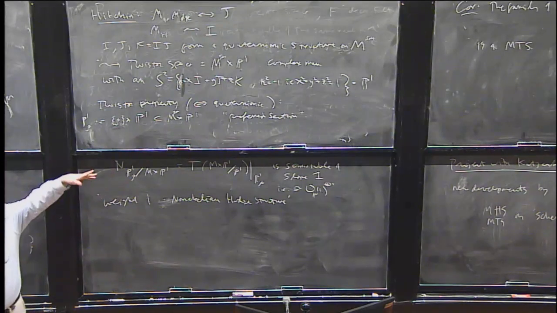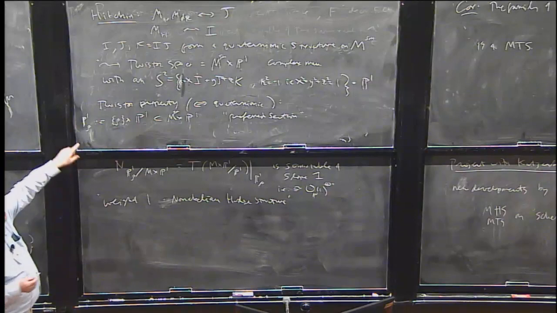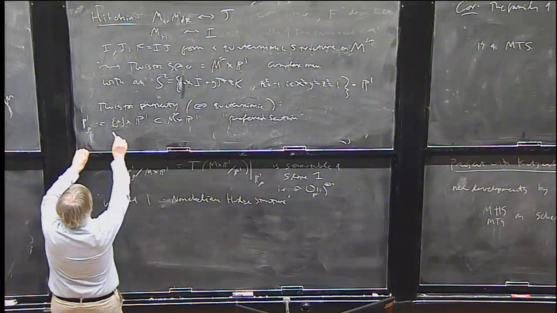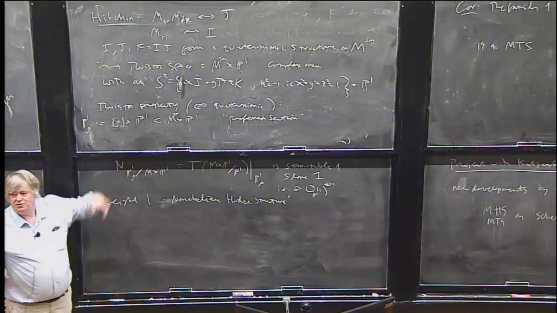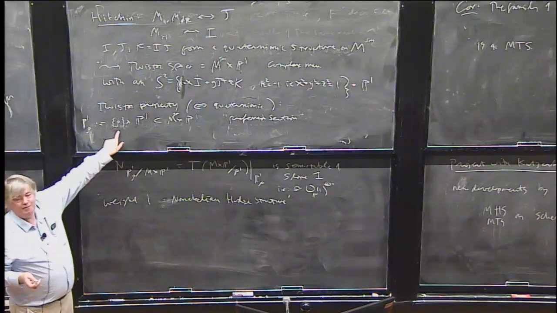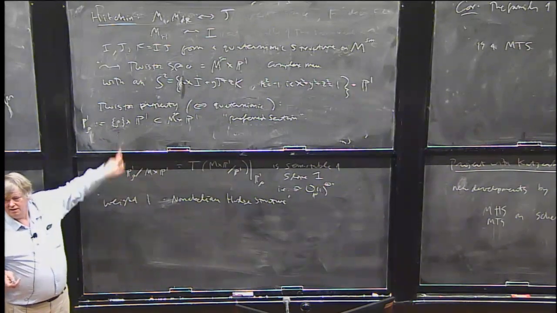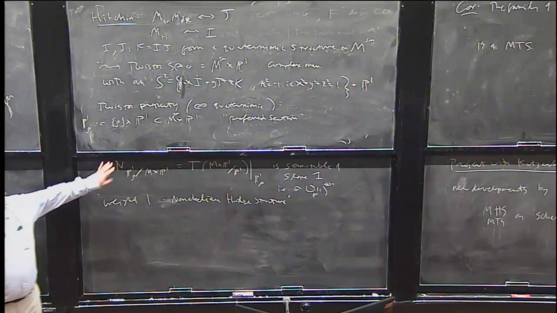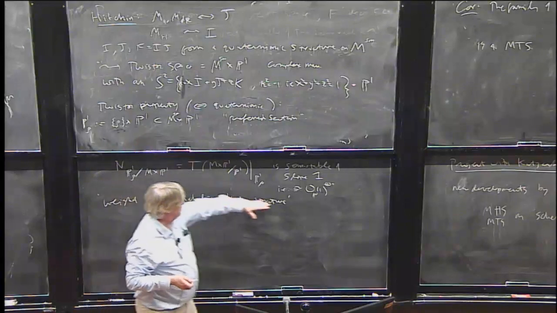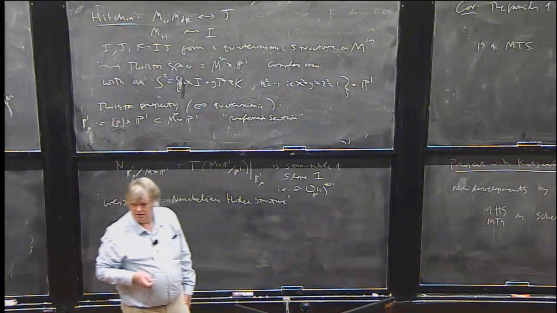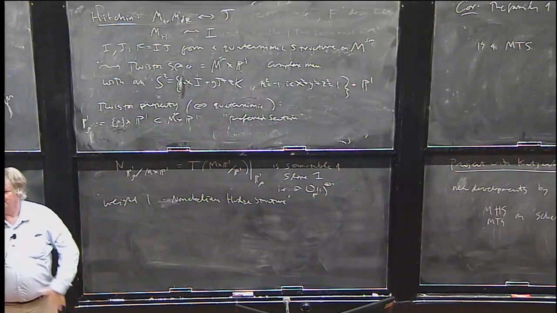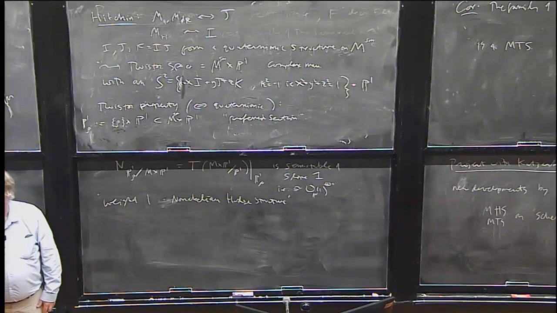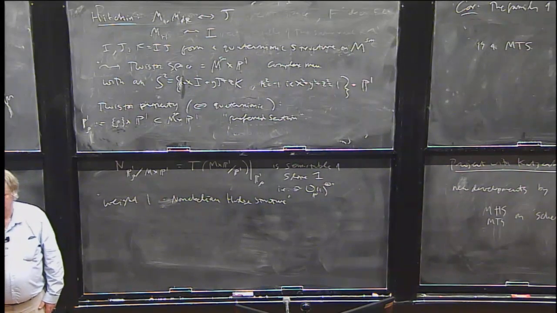They're given by I, J, K, and so on. And the preferred sections are just a point cross P1, whichever point you start with. There's one preferred section for every point of M. But this is fundamentally related to the fact that this has weight 1 here. If you had weight 2, you'd have lots of sections for a given point of M, basically. Does that answer your question? Thank you, Carlos.